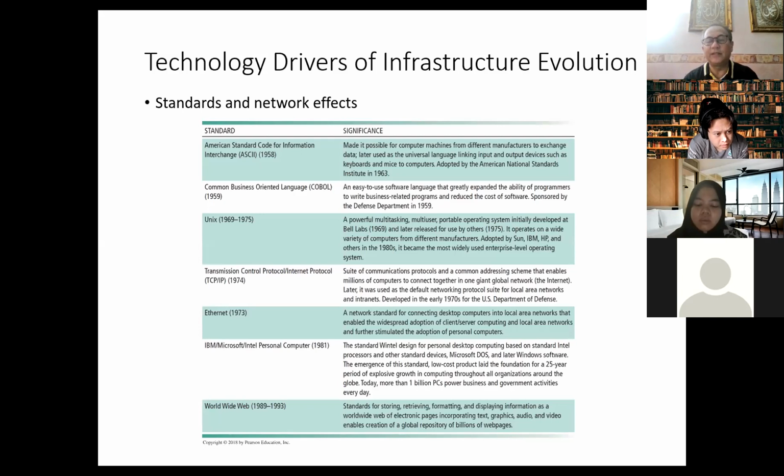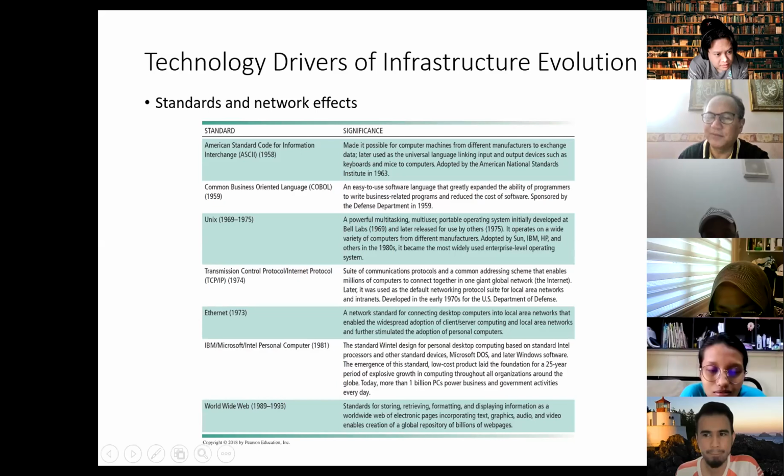Is there any other standards that you know that you want to share? Maybe we have standards that are being used by IoT, standards that are being used by big data. So there are many standards being used.